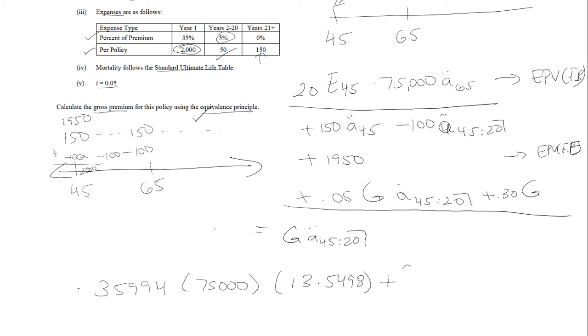Now we have 150 times ä45, which is 17.8162. And then minus 100 times ä45 angle 20, which is 12.9391.